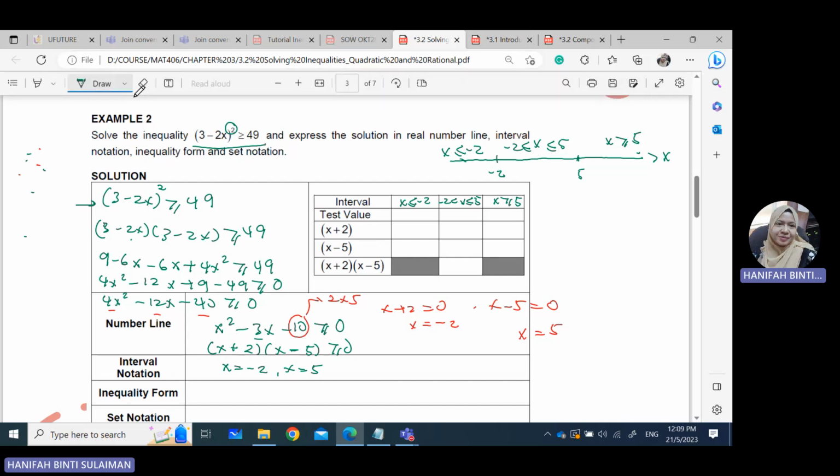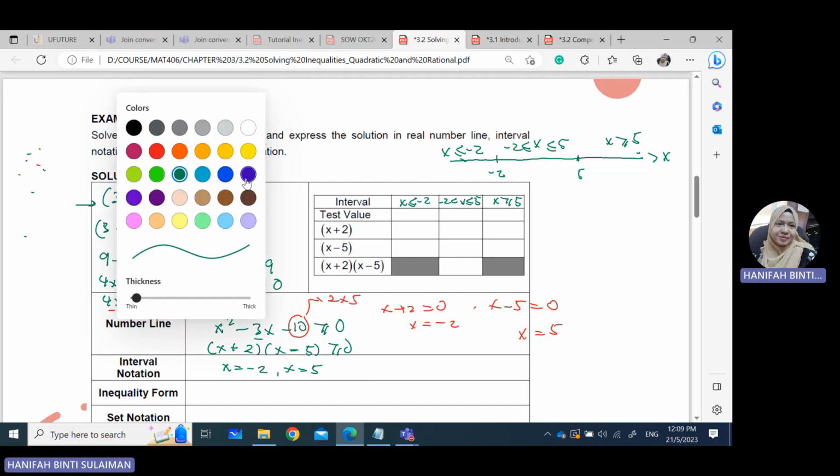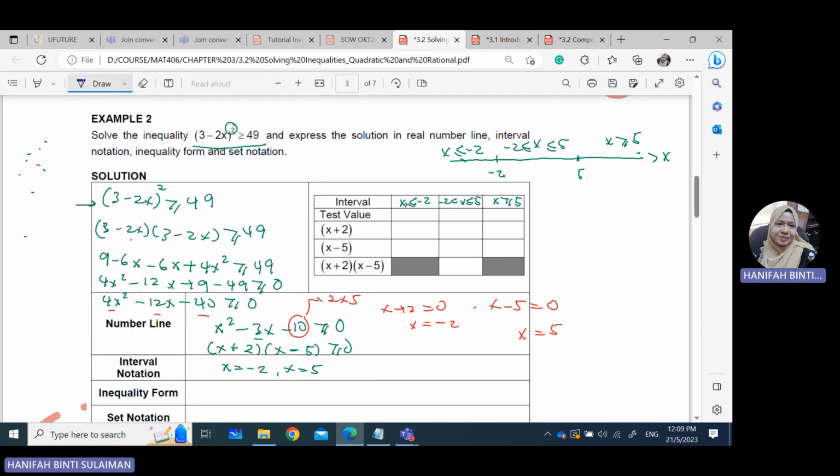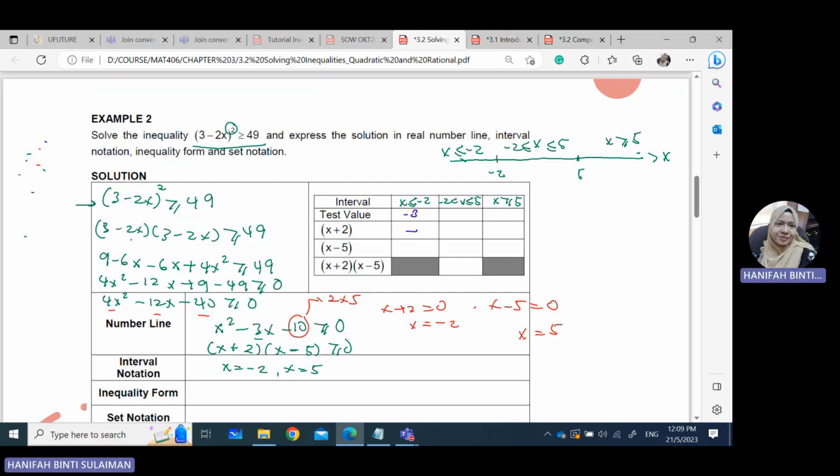Okay, so for test value, you can choose any value of x which based on the interval. So if we have x is less than or equal to negative 2, so nilai x yang kita boleh gunakan less than negative 2, yang paling dekat negative 3 lah. Okay, so test negative 3 plus 2, we have negative. Betul? Negative 3 plus 2.